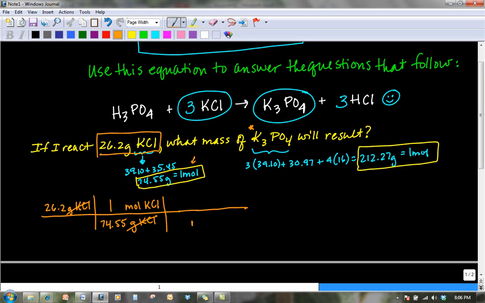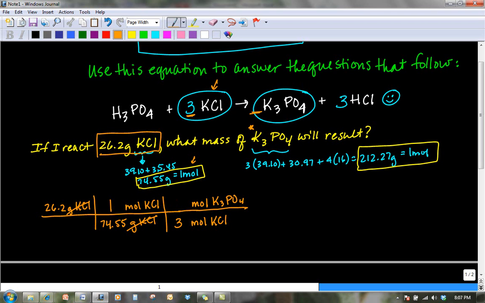Denote the unit. And I'm going to put moles of the compound that I'm looking for on top. Now, where do I get the numbers for each of these? I have to look back at my equation. Look at the coefficient. The coefficient in front of potassium chloride is 3, so I'm going to put a 3 down here. The coefficient for potassium phosphate is a 1.